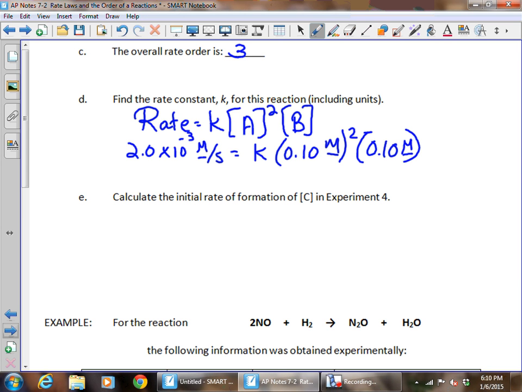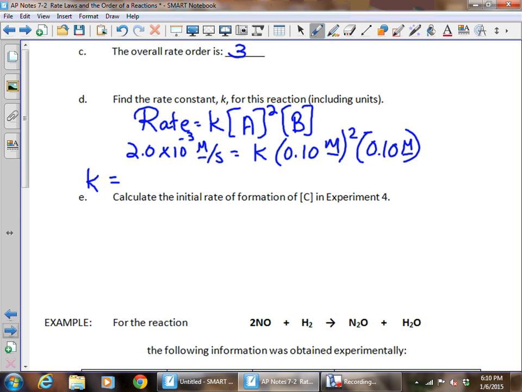So when we solve for K, I'm going to change, first of all, these molarities to moles per liter, because one of the things they do on the AP test, they will often tell us that all we're going to get a point for is having the correct units for K. They don't even care what the calculation is, so we have to be very careful that we know how to find the units for K.